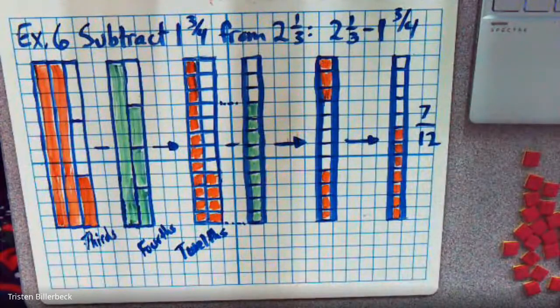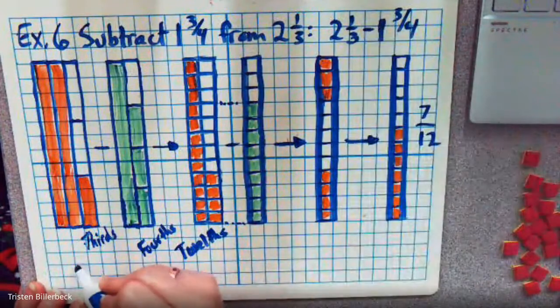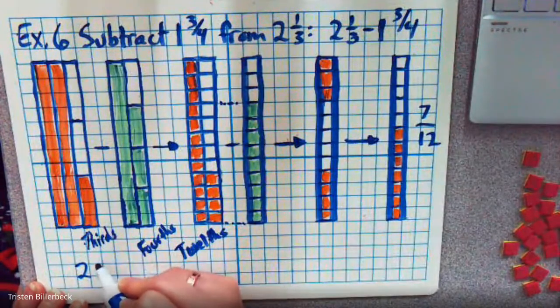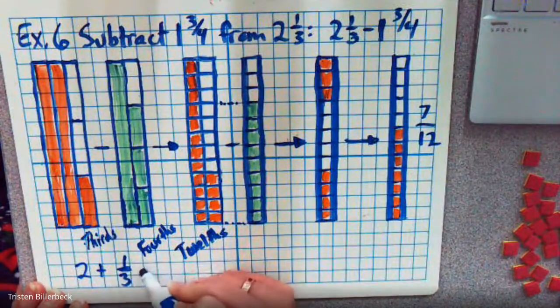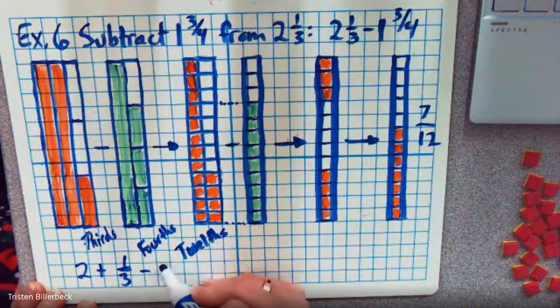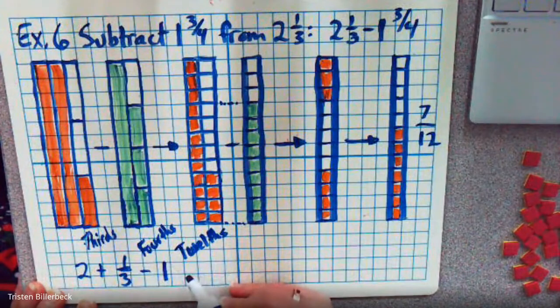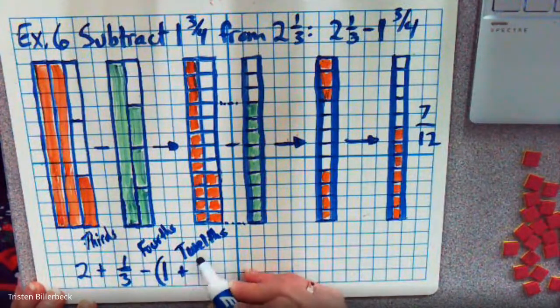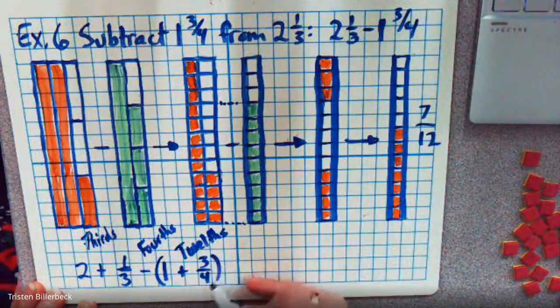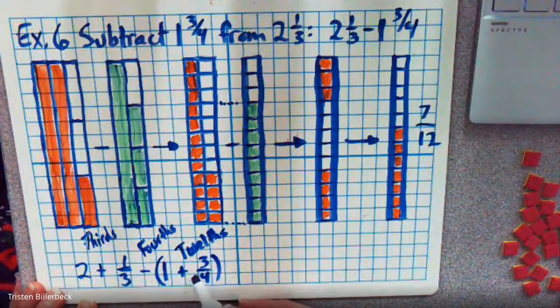Okay, let's see if that worked. All right, so we have 2 plus 1/3 minus 1, but I can't add 3/4 because it's really minus 1 plus 3/4. So I have to distribute that negative to both of these.